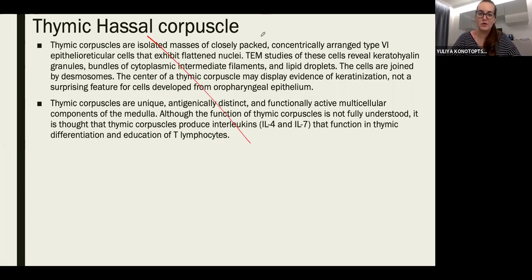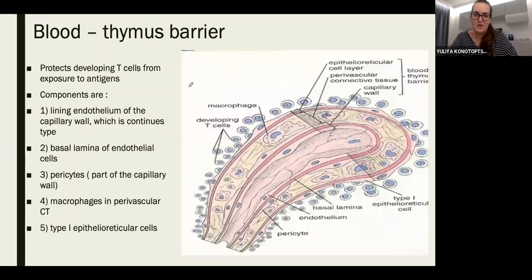Here the book talks about what could be the reason for having keratin, because the thymus is not your hair, nail, or skin, so why should it have this hard keratin? It's just a guess, you don't need to know this.